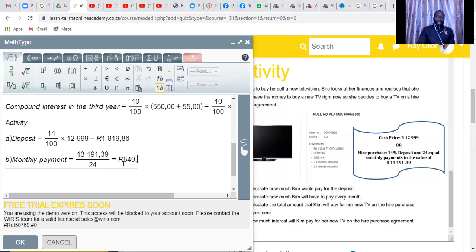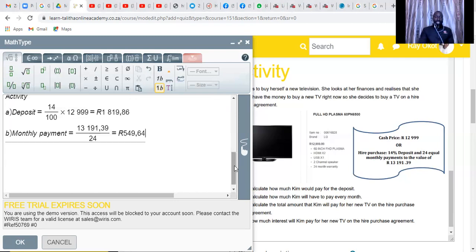That is the amount of money that Kim must pay monthly if she is to make a total of 13,191.